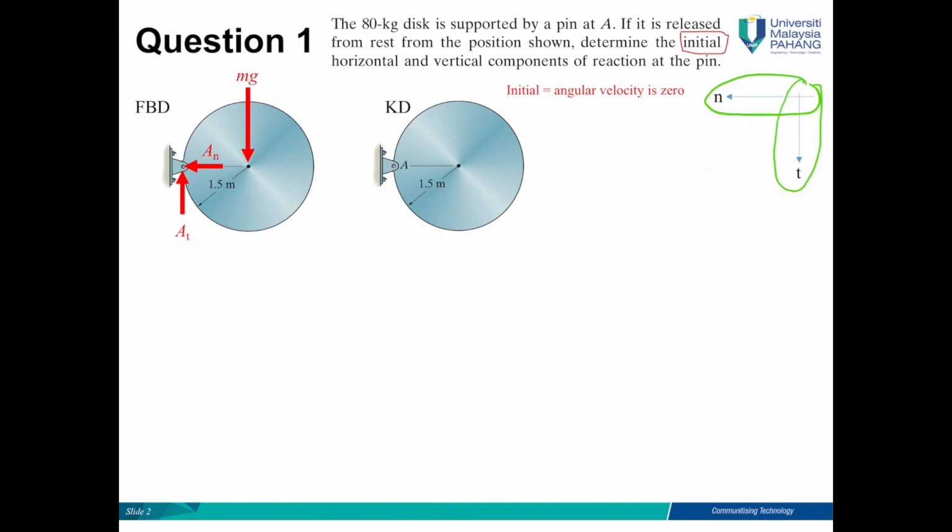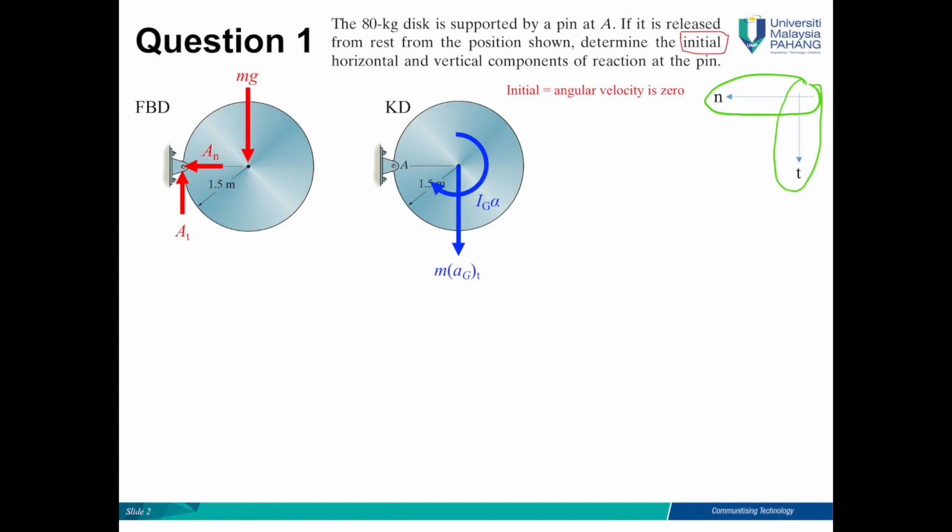Now notice that it says determine the initial horizontal and vertical component. Initial here means that the angular velocity is still equal to 0 because the disk has just been released. So there is still no angular velocity involved. That is what it means by the word initial. So in this case, we're going to have M A G T pointing down.